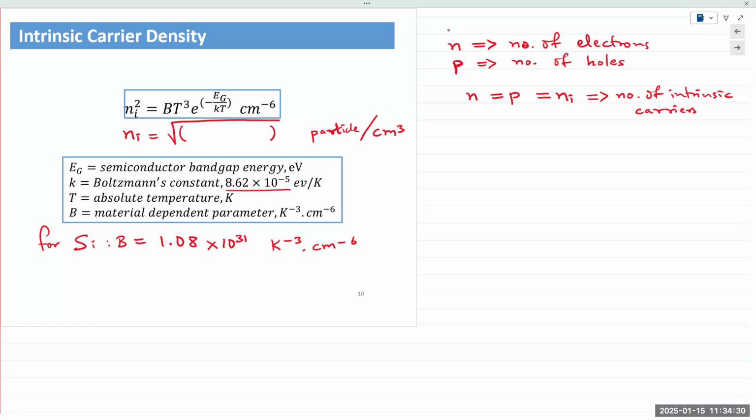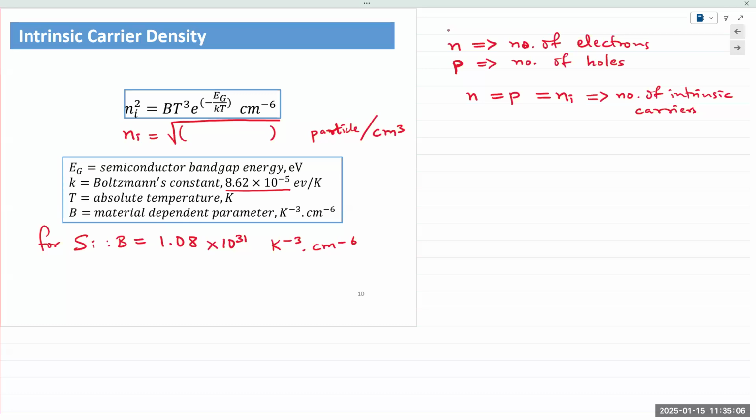So if you take one given volume of a cubic centimeter, that is the number of particles that are present in there. When you perform your calculations, I typically like to convert everything to meters. So if it's given to me in centimeters, I would just convert it to meters. Right, 10 raised to minus 2. Yes.